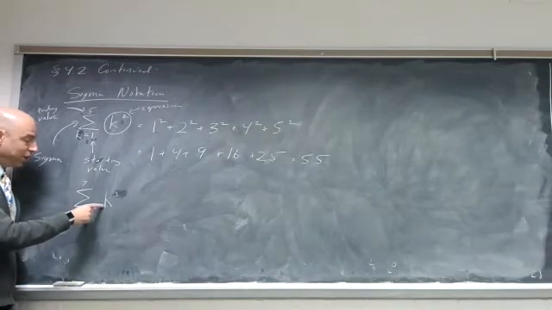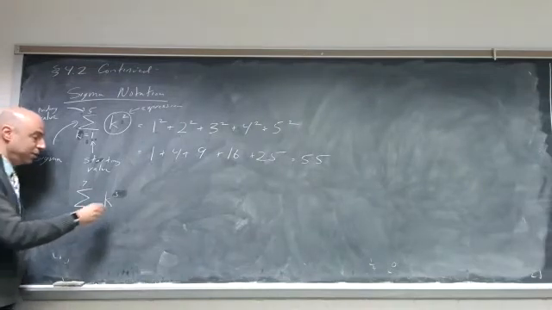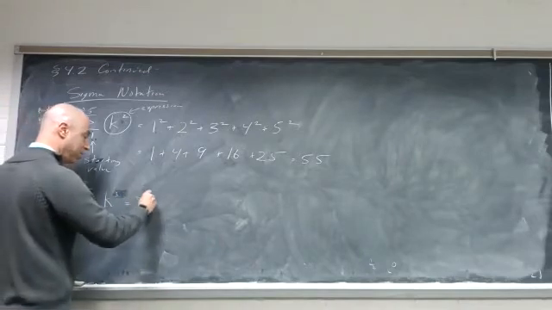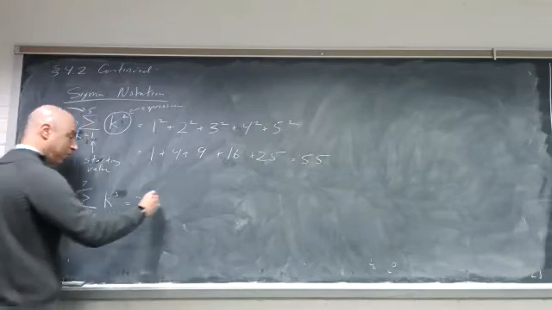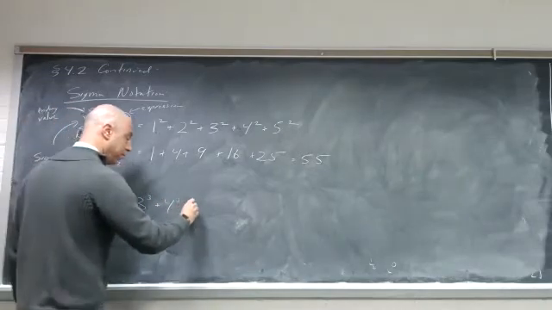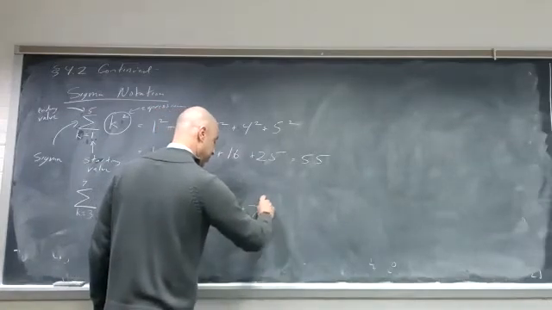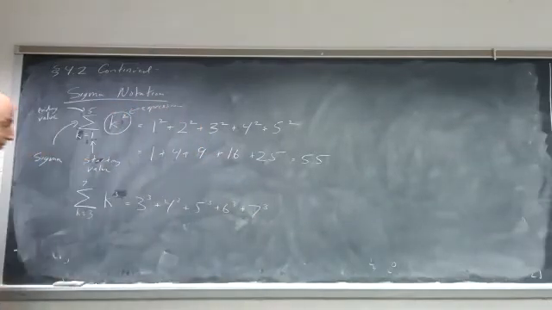And this time the thing we're going to evaluate is K cubed. So we start at 3. So 3 cubed. We go to 4. 4 cubed. 5 cubed. 6 cubed. 7 cubed. And we stop.